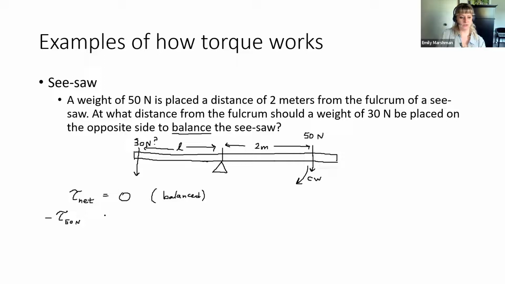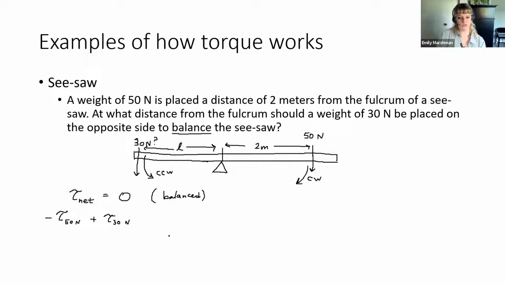Then we have the torque due to the 30 Newton weight. If that was the only weight acting on this seesaw, it would make the seesaw want to rotate counterclockwise, right? So we'll call this torque positive.